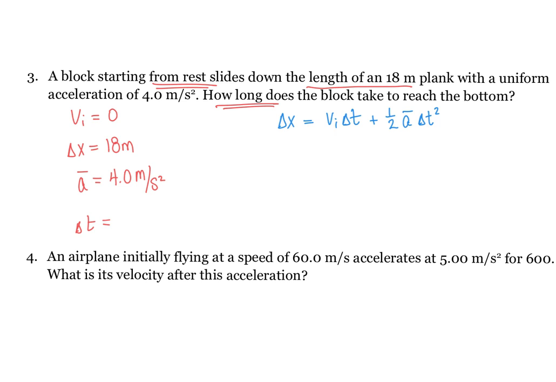In this one, you don't, because when I start plugging stuff in, 18 goes here. My initial velocity is 0, so it's going to zero out this little set right here. Plus I have 1/2 times my acceleration. And I am solving for my time, but this guy is squared. So when I simplify this, this part goes away.